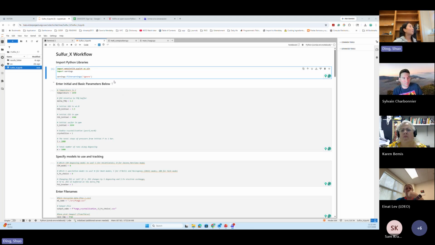Okay, cool. So I think I installed it this morning, so I already changed some of the parameters. Let me just say that in order to get access to this notebook, please go into the terminal and type the command line Victor setup, like we did for the other models, and you should see SulfurX in the list of the models.